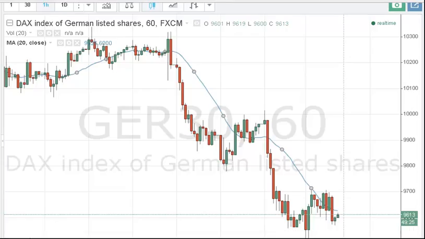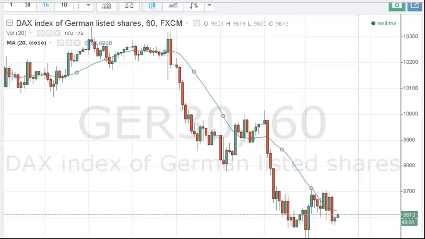Then I put in a stop loss. So if the market were to turn around and go back again, I'll lose €50 if I had a position of 1. So stop loss there. Take profit, I'll say 3-to-1 ratio.